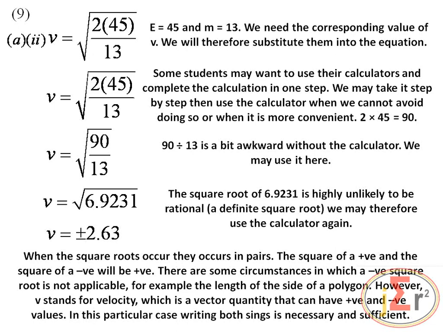Also, velocity is a vector quantity. Therefore, it is not going to be far-fetched to have positive and negative values for velocity.